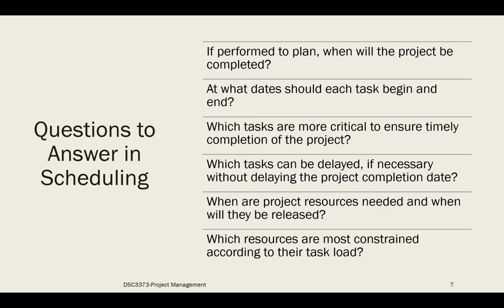The critical path will tell you what tasks are more critical to make sure that the project is completing on time. And then you will have to understand which tasks can be delayed, if necessary, without delaying the project completion date. Here you are talking about the slack time that you have for every task in the project, right?